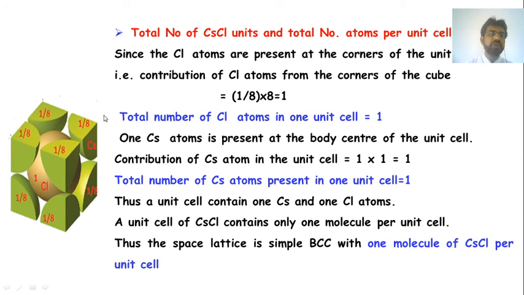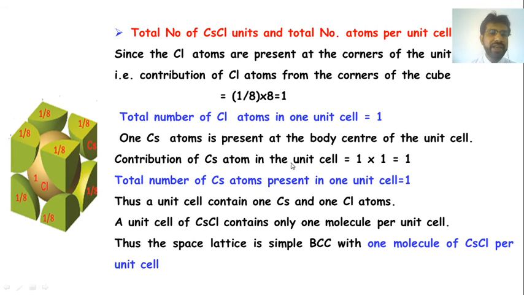Therefore, the contribution of the Cl atoms from these 8 corners equals 1/8 multiplied by 8, which is 1, because the contribution of every corner atom is only 1/8. Therefore, the total number of Cl atoms in this unit cell is only 1.